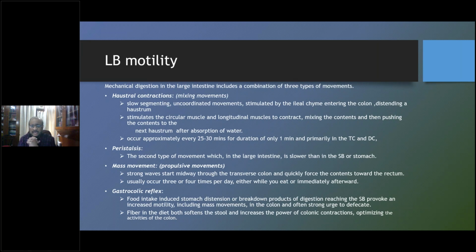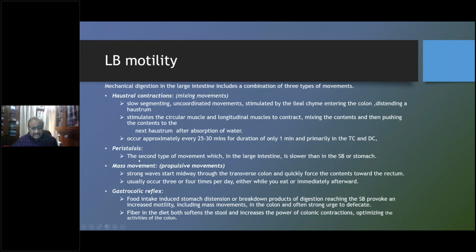So the ileal chyme which has come into the colon is going to be mixed, distending the haustrum, and then it is going to push that food into the next haustrum. So from one segment to the next segment. That is what is happening in a haustral contraction. So it is a very slow process occurring approximately every 25-30 minutes for a duration of only 1 minute, and primarily occurring in the haustra.